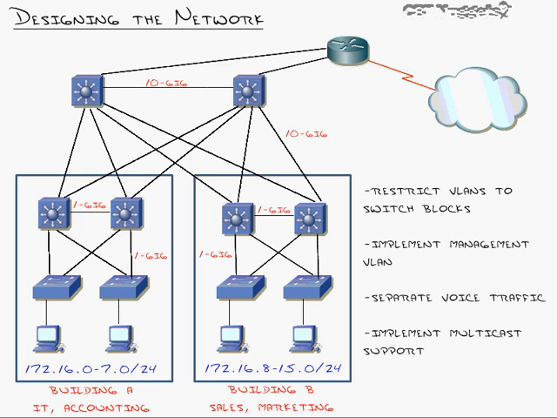Not good. Second, implement a management VLAN. My rule of thumb is once you reach a network that has about 10 managed devices, I mean switches, wireless access points, routers, the whole gamut.